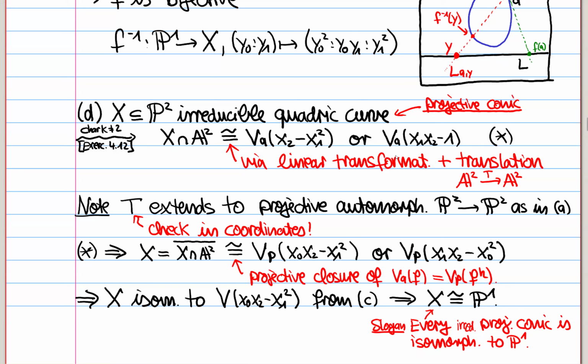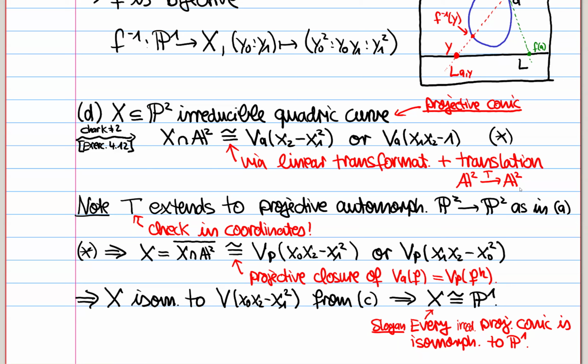Okay, so any affine conic can be put in one of these forms. And it can be put like this via some linear transformation of coordinates, plus maybe a translation from A2, just translating by a fixed vector.